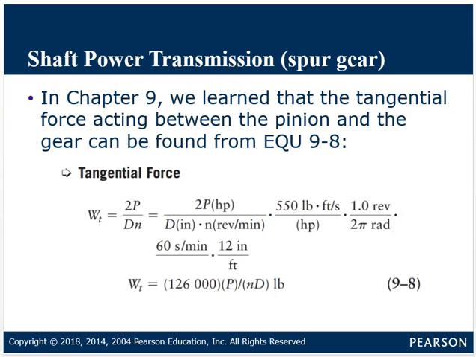That would be the pitch diameter of the gear or the pinion, depending on which shaft we're talking about, and also divided by N, which is the speed in RPM. Now we give you the equation here, equation 9.8, that says the tangential force is 126,000 times P divided by N divided by D.